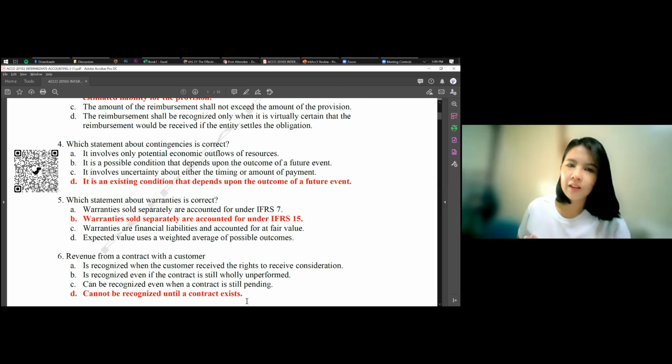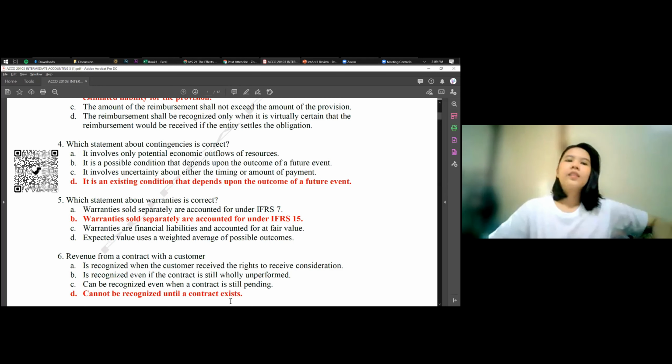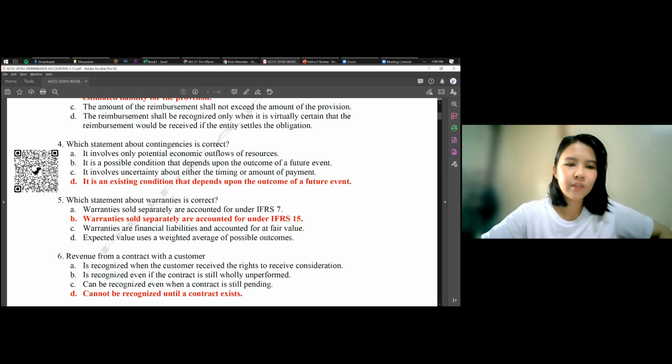And fifth, when the performance obligation is already satisfied, right? We recognize revenue when that happens. Okay, so pretty straightforward question. It's letter D.